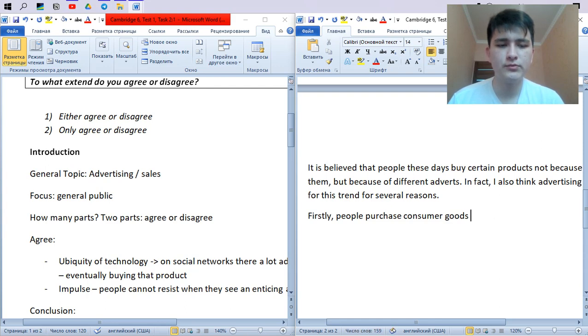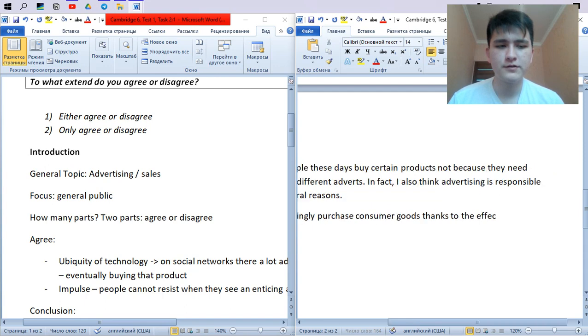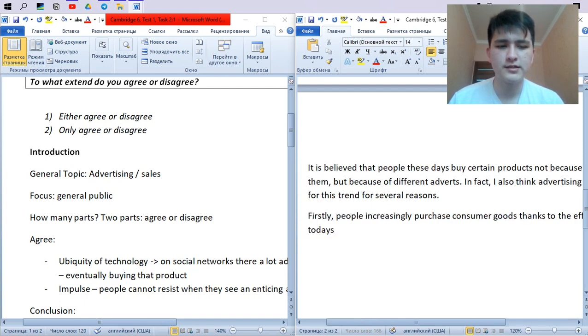Oh, I don't think we need an example right from the start, right? People purchase consumer goods, or people increasingly purchase consumer goods thanks to the efficiency of today's ads.